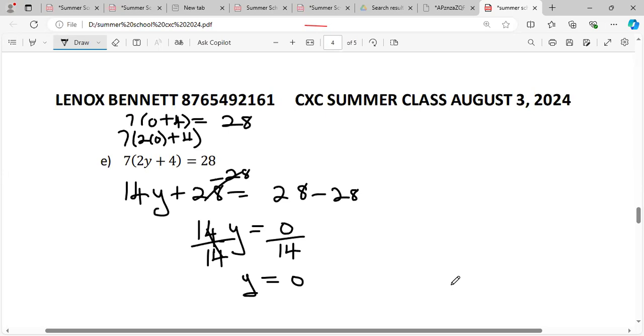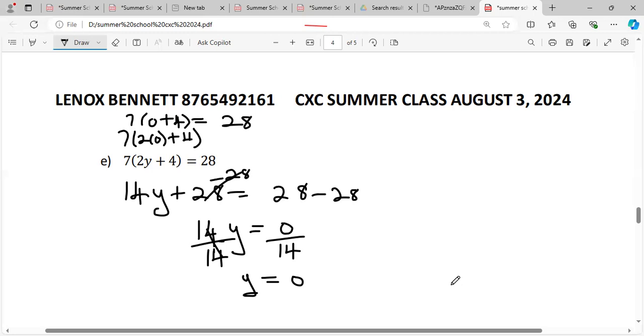Or you get the 14 again, Mr. Bennett, 7 times 2. And what you did with the 4, 7 times 4 as well. Remember, that's the first thing I say, guys: the bracket means to multiply, right?